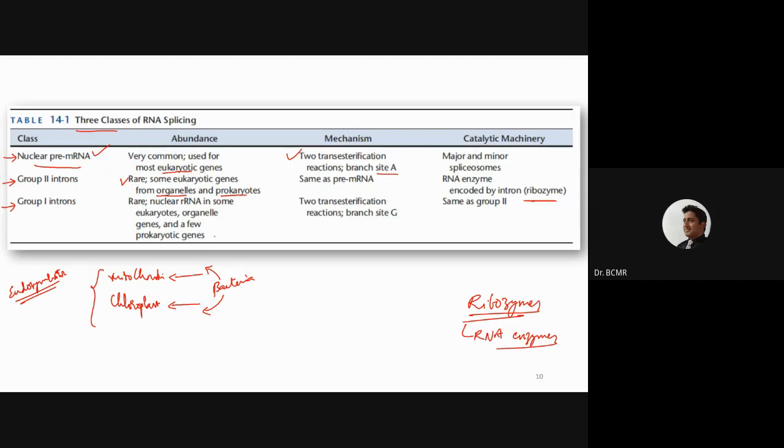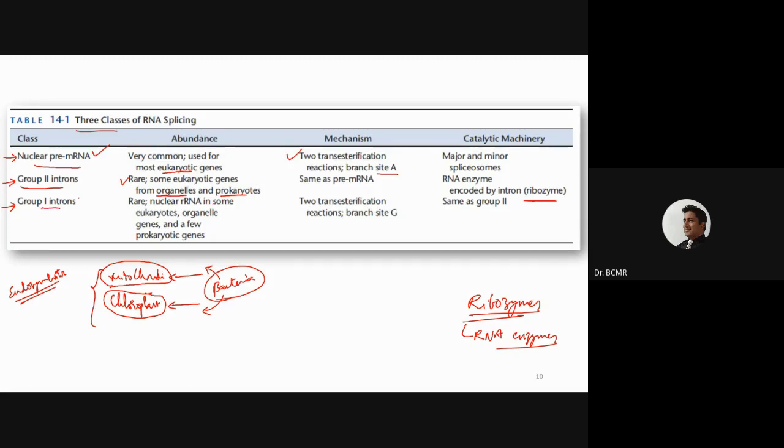So when you see group 2 intron type of classes, you will find those in bacteria or prokaryotes, along with archaea, and also in these rudimentary kinds of bacteria, because now they are completely dependent on the host cell, right? The eukaryote. So they also have this class 2 type of introns.